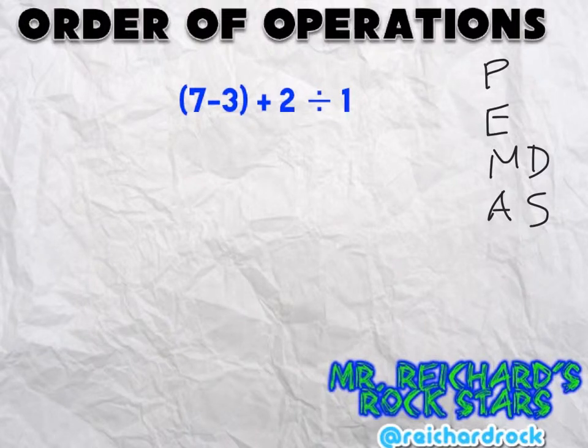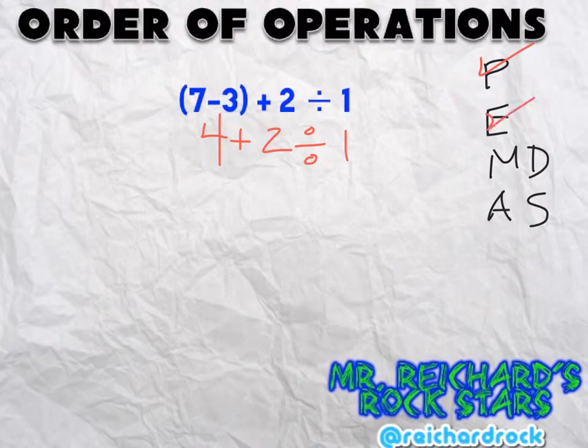And that is very, very important. So do I have parentheses first? Yes. So I'm simply going to do whatever's in the parentheses first. In this case, it is subtraction. 7 minus 3 is 4, and I'm simply going to pull everything else down because I'm taking it one step at a time. Now I'm going to cross off parentheses because my parentheses are taken care of.